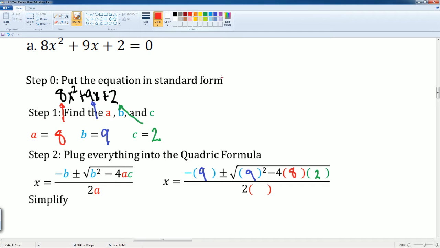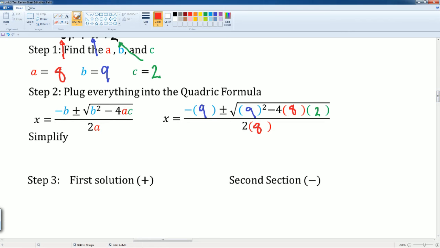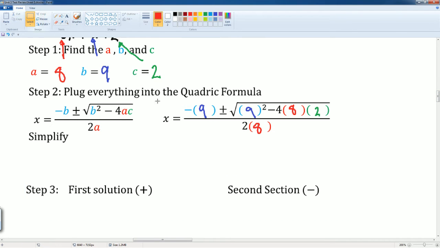Then it's going to be divided by 2 times 8 right there. So x is equal to negative 9 out in front, plus and minus, then divided by 2 times 8, which is 16.